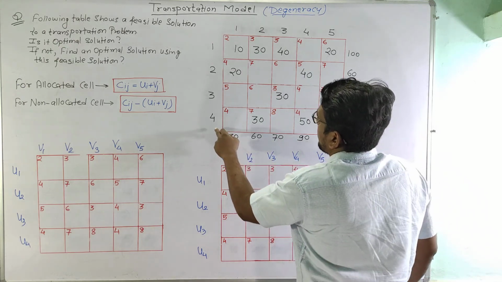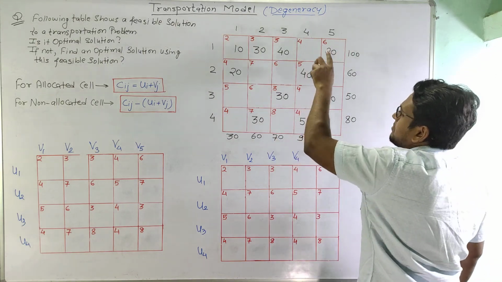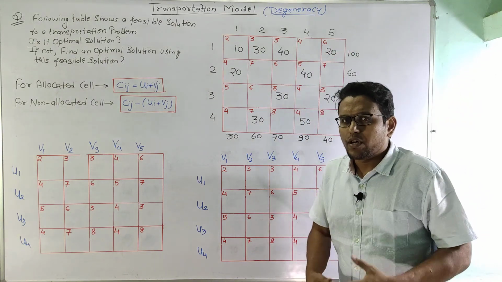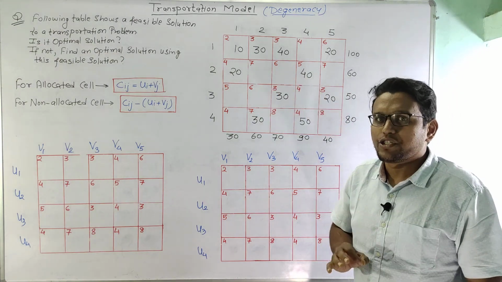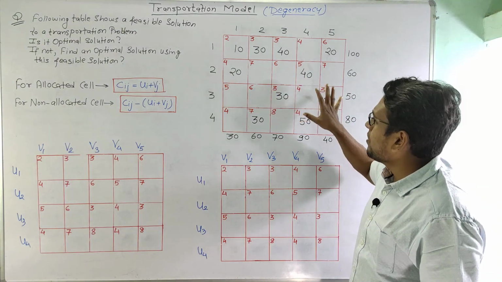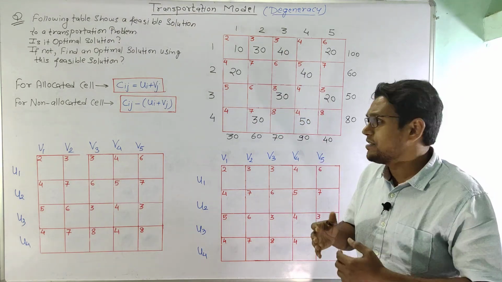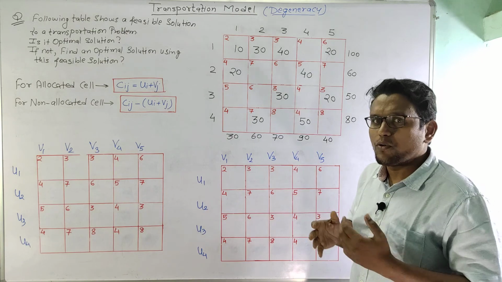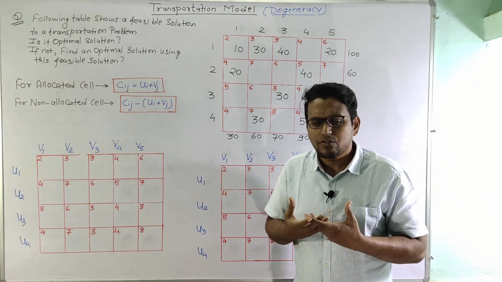So m is 4, n is 5, 4 plus 5 is 9, minus 1, that means 8. So for a basic feasible solution it must have 8 allocations, but right now this feasible solution has 10 allocations, that means it has 2 allocations more. So you must be thinking, how is it a feasible solution?